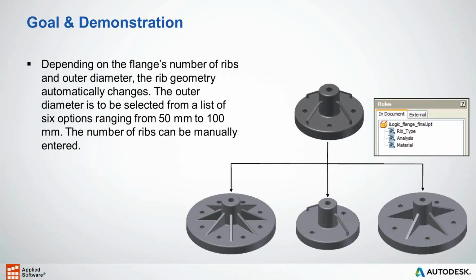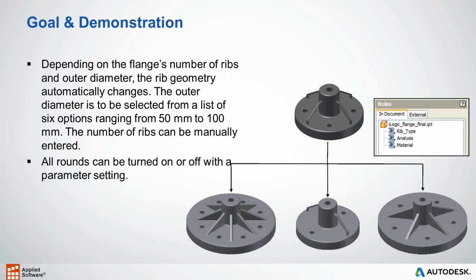The first thing that we need to meet is, depending on the flange's number of ribs and outer diameter, the rib geometry automatically changes. So the outer diameter is to be selected from a list of 6 options from 50 millimeters to 100 millimeters. So what that's telling me now, it looks like that we might possibly have to utilize something like a multi-list within our parameters. And then the number of ribs can be manually entered.